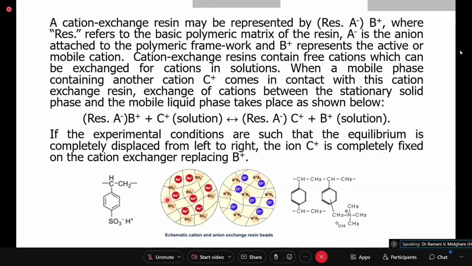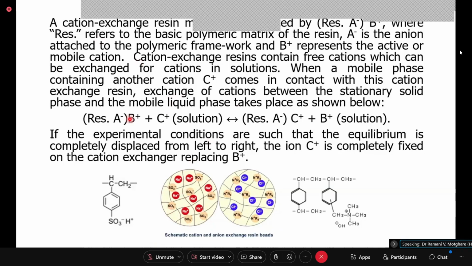That many fixed charge groups, that many counter ions will be there, and that will decide the exchange capacity of that particular resin.